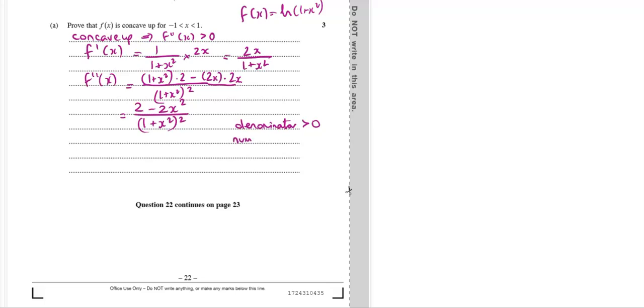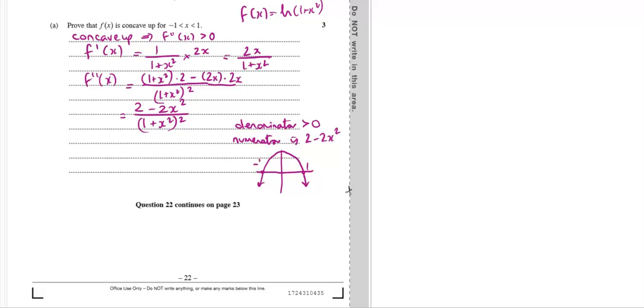The numerator is 2 minus 2x squared, and that is an upside down parabola, 2 outside of 1 minus x squared. So it's going to look like this.